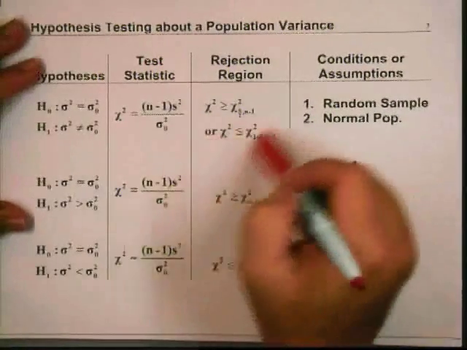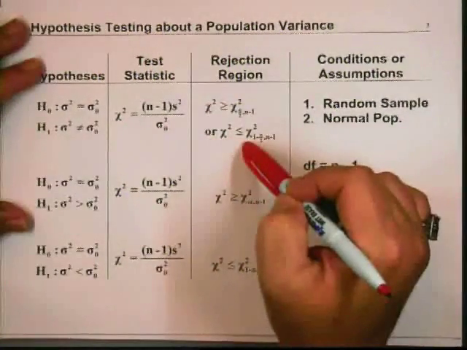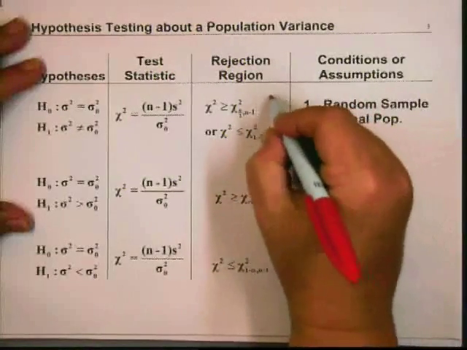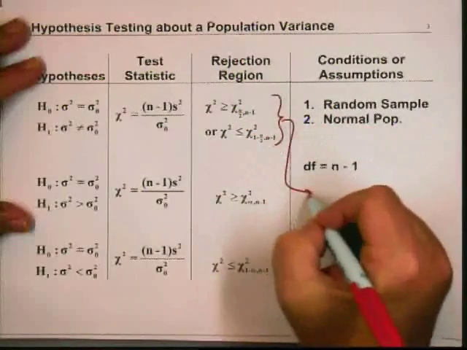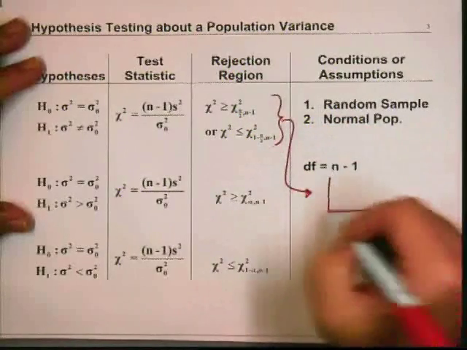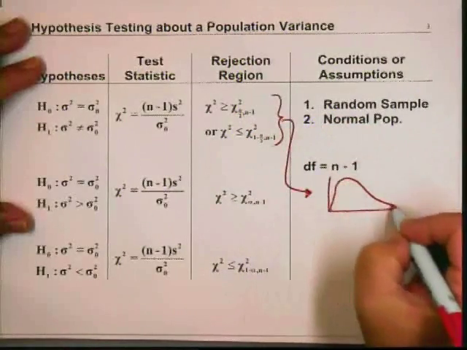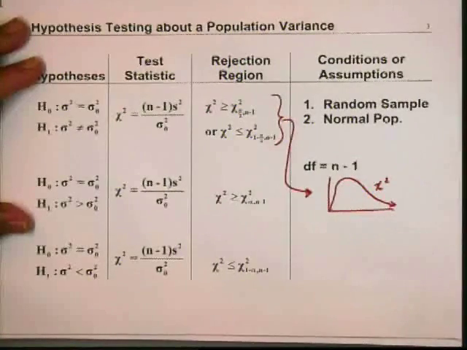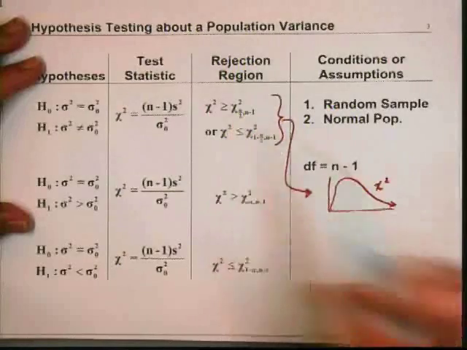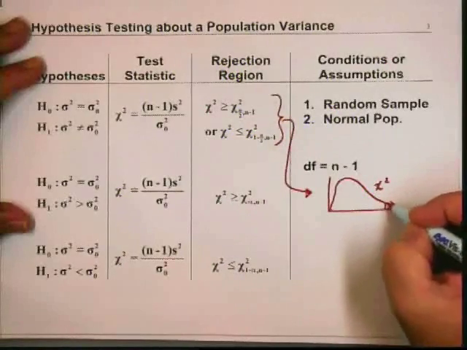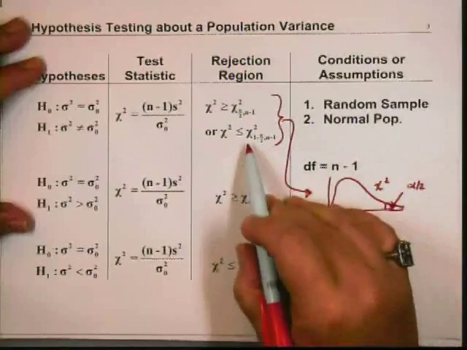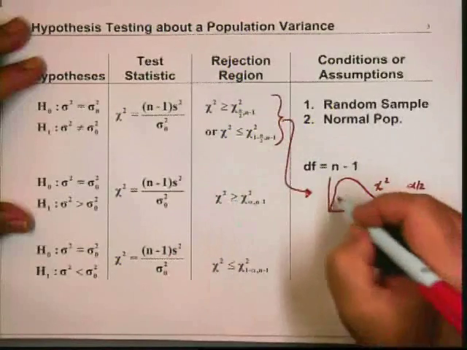So what's going on here? In our 2-sided test, we're going to look at our chi-square distribution defined by the degrees of freedom. Here it says the right-hand area is alpha over 2. Over here it says the right-hand area is 1 minus alpha over 2.